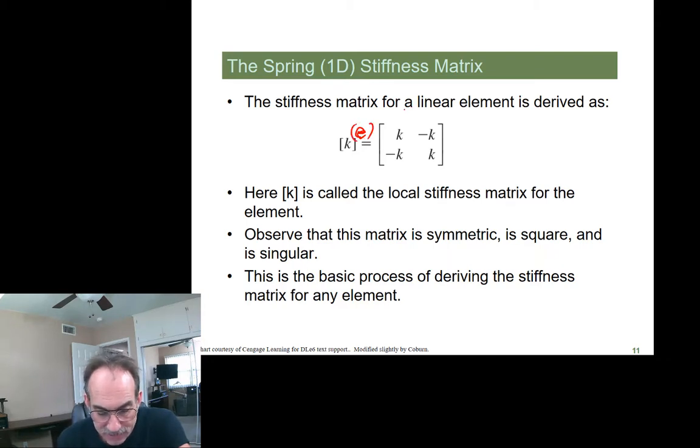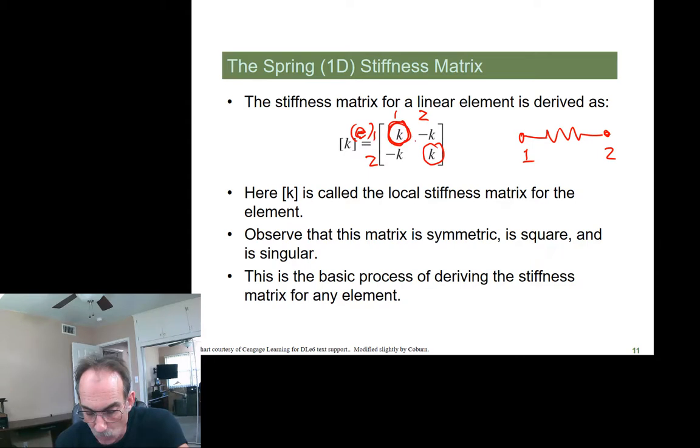And if we look at this, we say, okay, for each element, we have node 1 and node 2. So this is node 1 and this is node 1, this is node 2 and this is node 2. Therefore, 1,1 is at node 1, 2,2 is at node 2. This is the stiffness affecting 1 from 1, and this is the stiffness of 2 affecting 1. Okay?